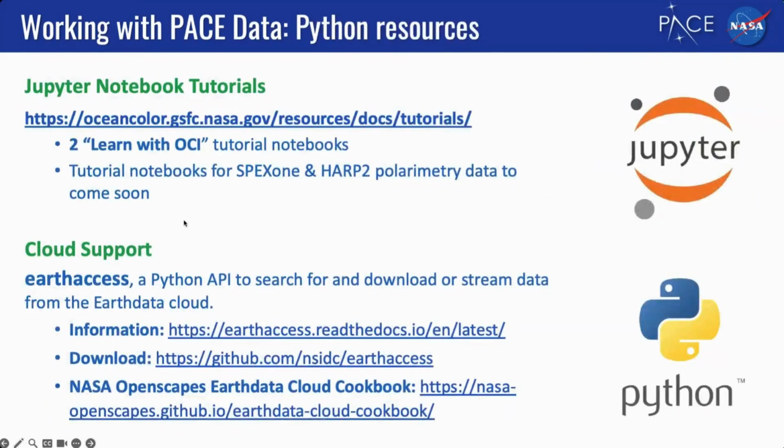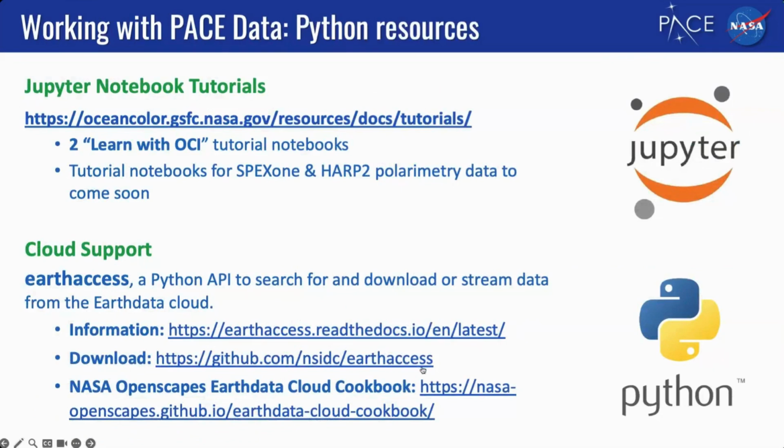And as for cloud support resources, please definitely check out Earthaccess if you would like to be able to get to the Earthdata on the cloud. Earthaccess is a Python API for searching and downloading or streaming data from the Earthdata Cloud. There's a link here where you can get more information on Earthaccess.